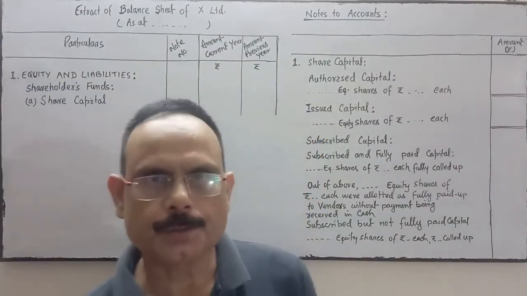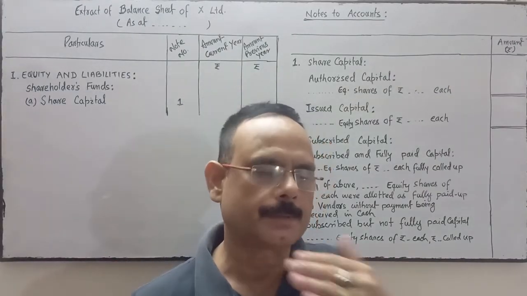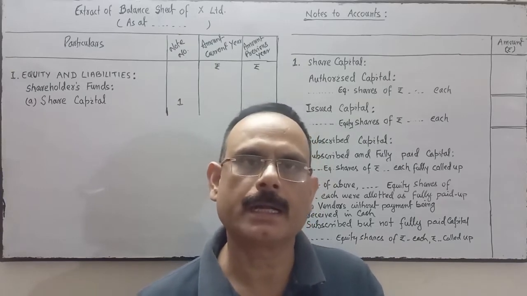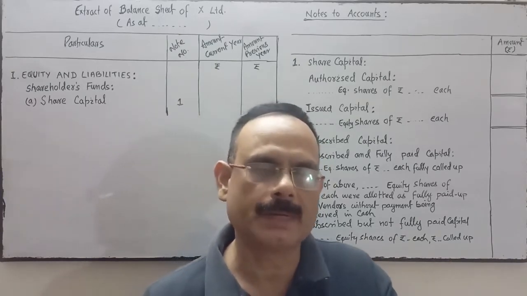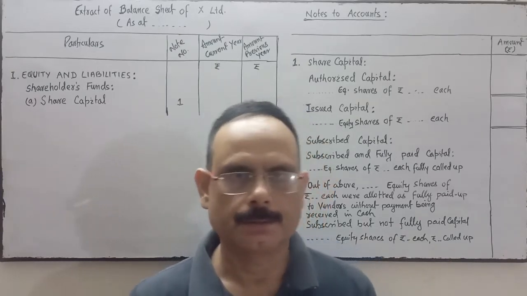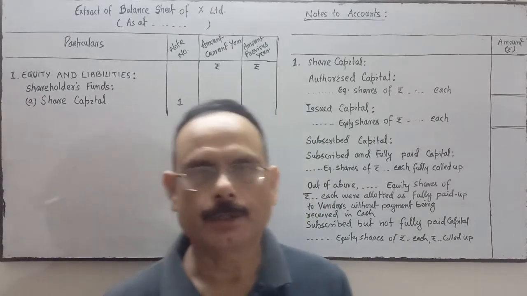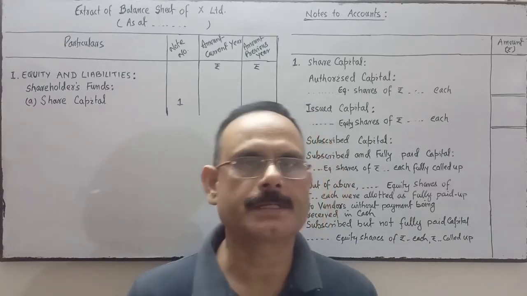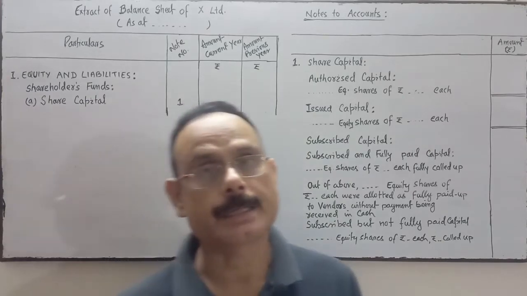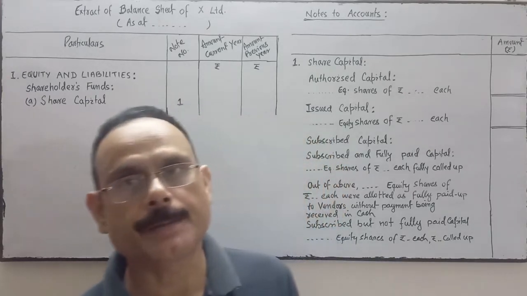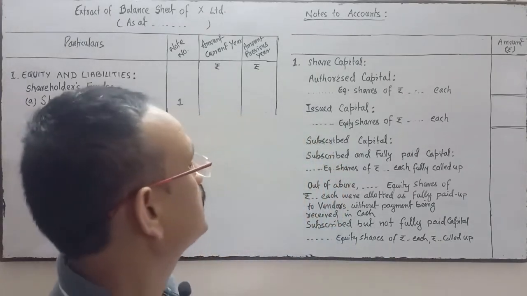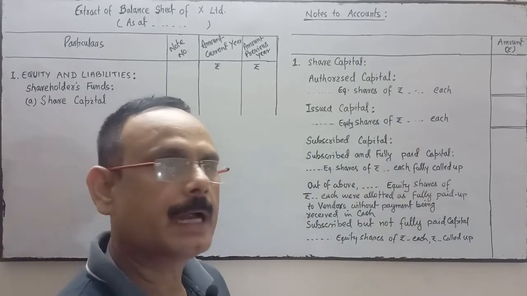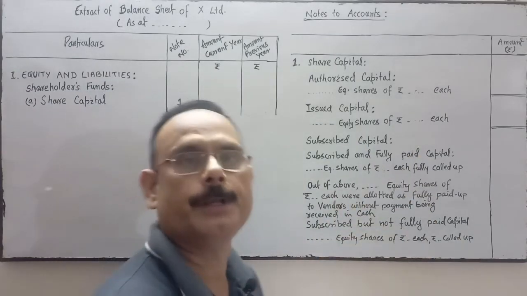Now come to the next question of the same type, related to share capital and notes to account: the authorized capital, issued capital, subscribed capital, and under subscribed capital, subscribed and fully paid up, and subscribed but not fully paid up.